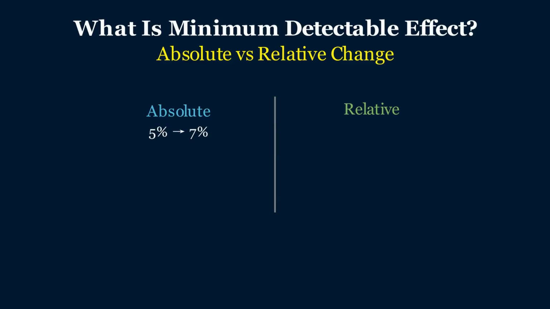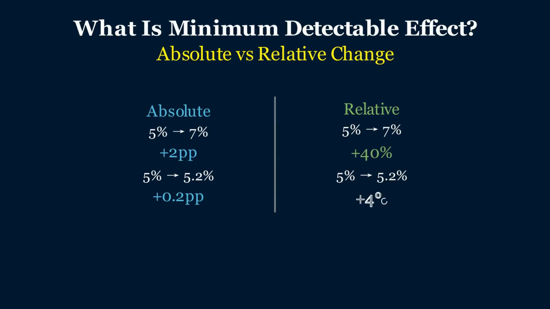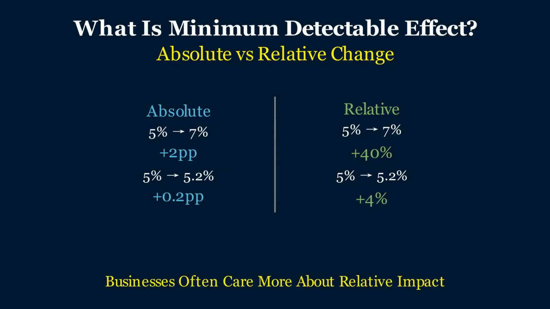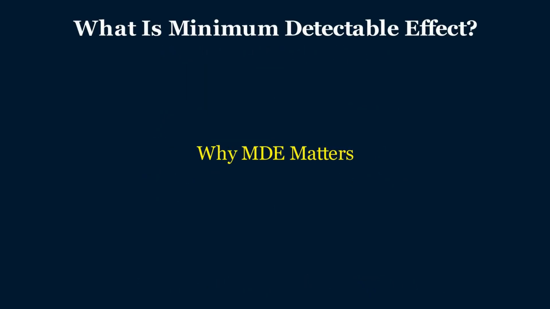Absolute change measures the direct difference between two percentages, and relative change measures how large that difference is compared to the starting point. And businesses often care more about relative impact because a small absolute increase can sometimes represent a meaningful improvement in performance. That is why the same experiment result can look small from one perspective and important from another.